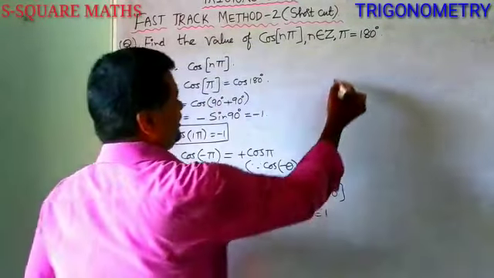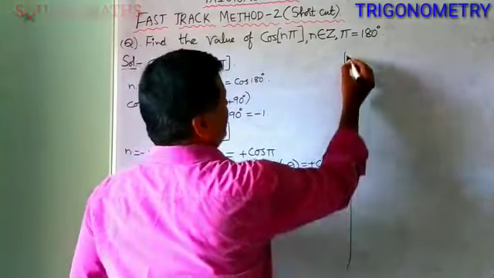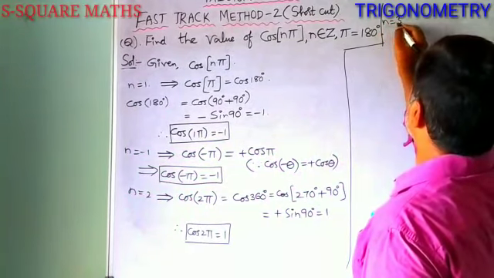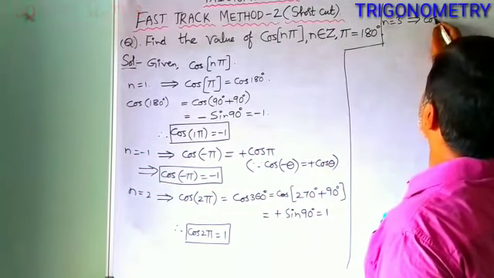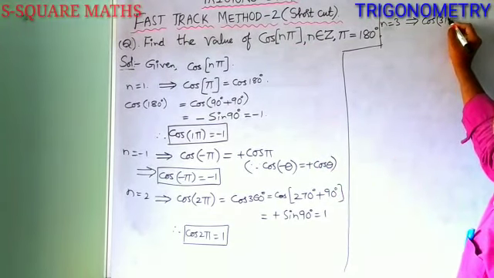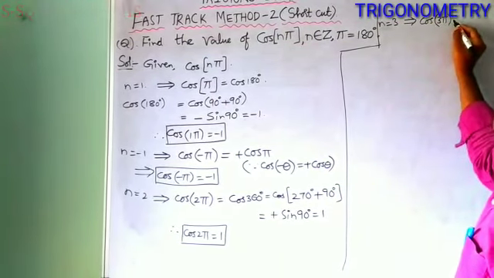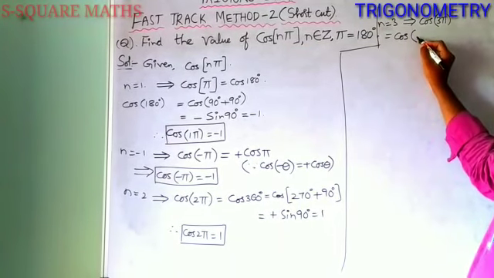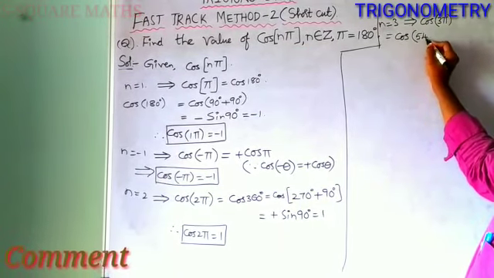Now let us go through the value for n is equal to 3. So this implies cos of 3 pi. I can write it as cos of 3 into 180 degrees, which gives you 540 degrees.